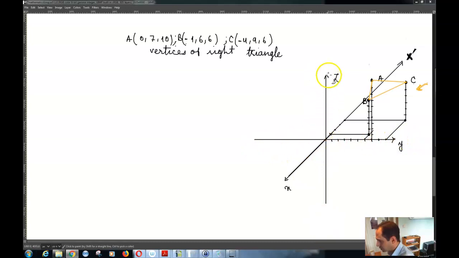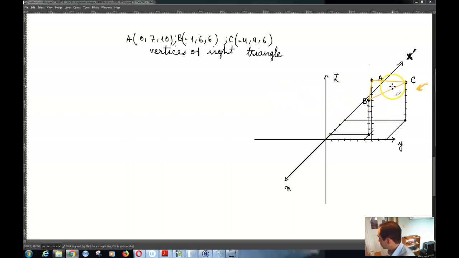For example, the y-axis and the z-axis on this plane are clearly perpendicular, but the x-axis is not perpendicular to the y-axis. As you can see over here, the angle is like 30-40 degrees or so, 45 degrees, between the y-axis and the x-axis, and so is the angle between the x-axis and the z-axis.